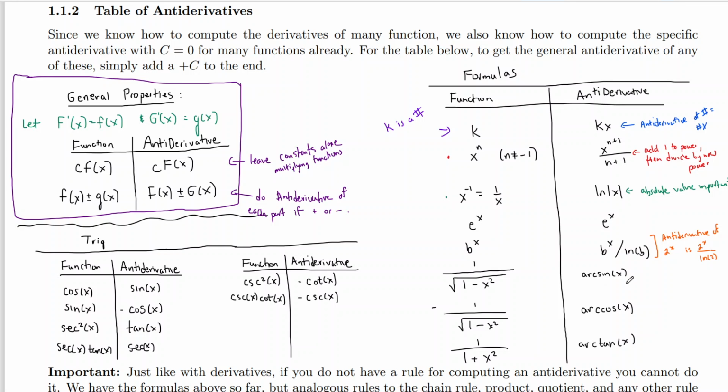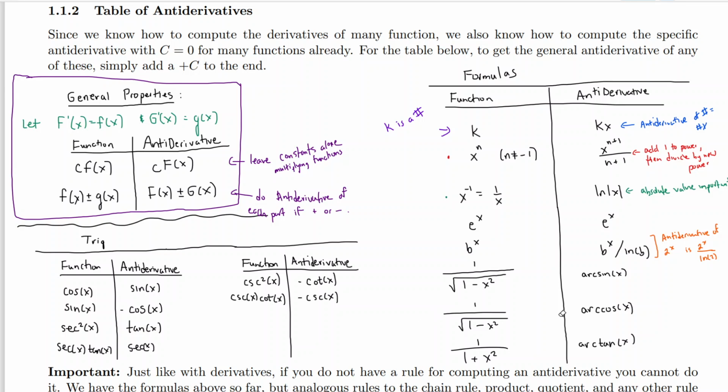or sine inverse. So the next one comes straight up from cosine because this is the derivative of arc cosine of x. Now, very often you won't actually see a formula for arc cosine of x as far as the antiderivative goes. And the reason is because of this property here. What's the difference between this one and this one is just this negative sign, which is really a -1.